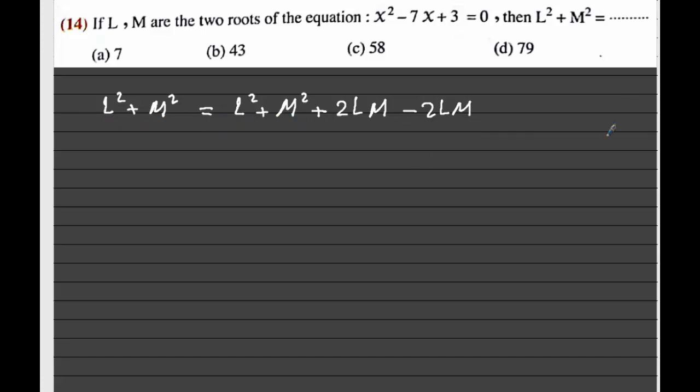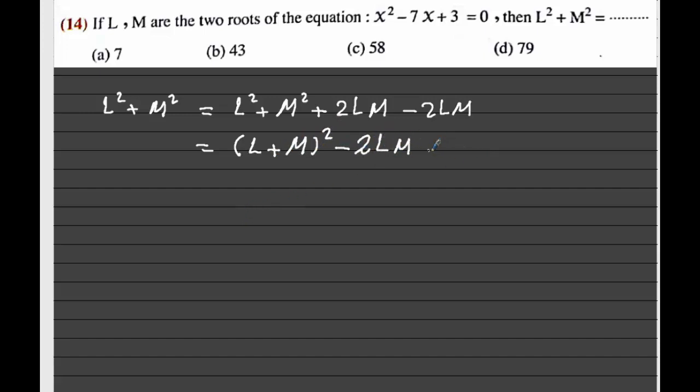Okay, so L squared plus M squared plus 2LM is a perfect square, equals (L plus M) all power 2, minus 2LM.